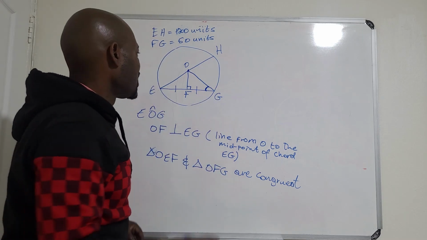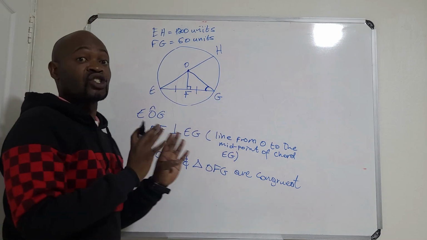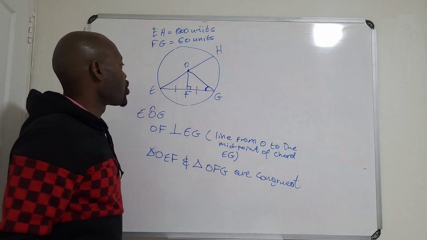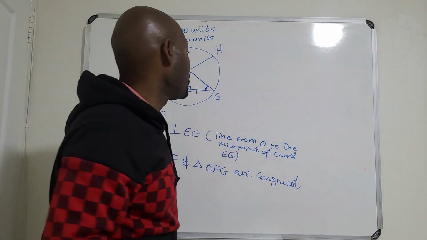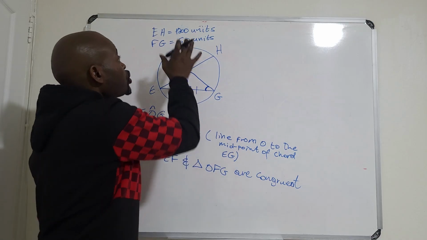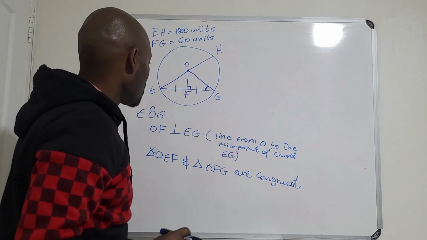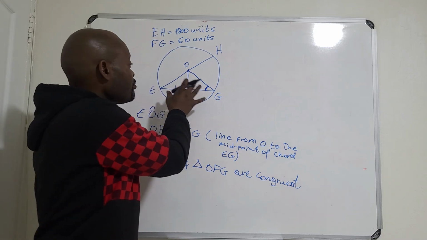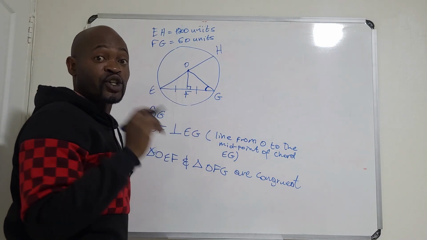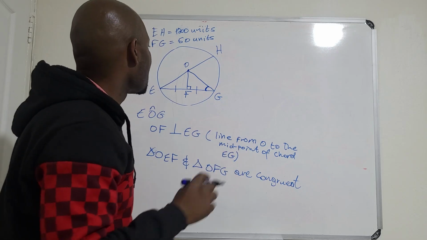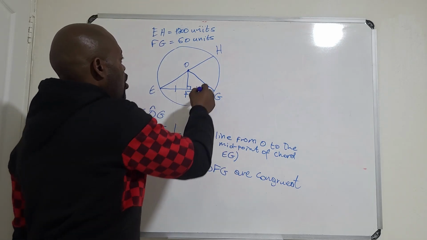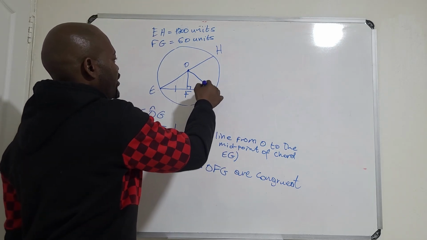You will see that sometimes trigonometry does not work with geometry problems. We are going to have a problem of that kind where your trigonometry does not work in a geometric problem. But in this particular problem, trigonometry is going to work here.